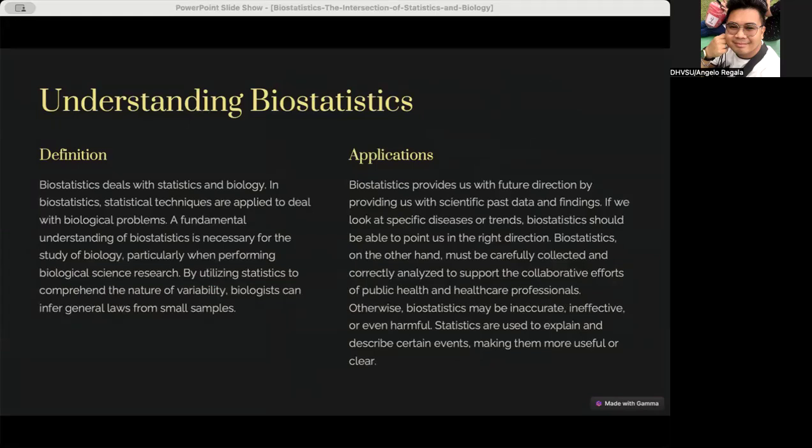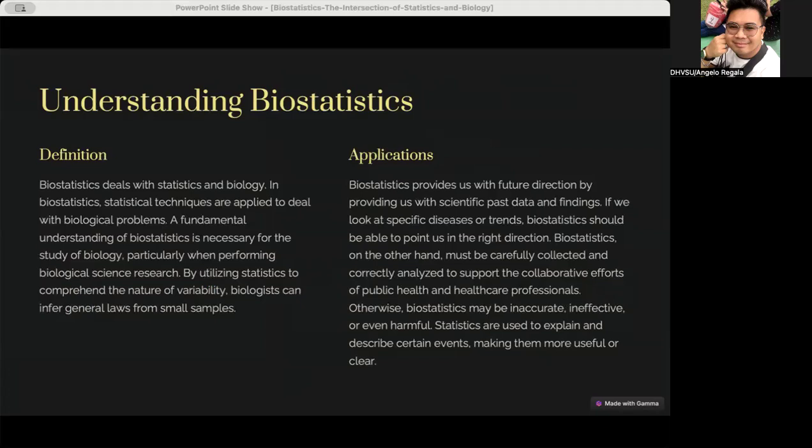So it is imperative that we have a full fundamental understanding of biostatistics, to really understand what is biology, or what we call the study of life, particularly in performing advancements in biological sciences through research.